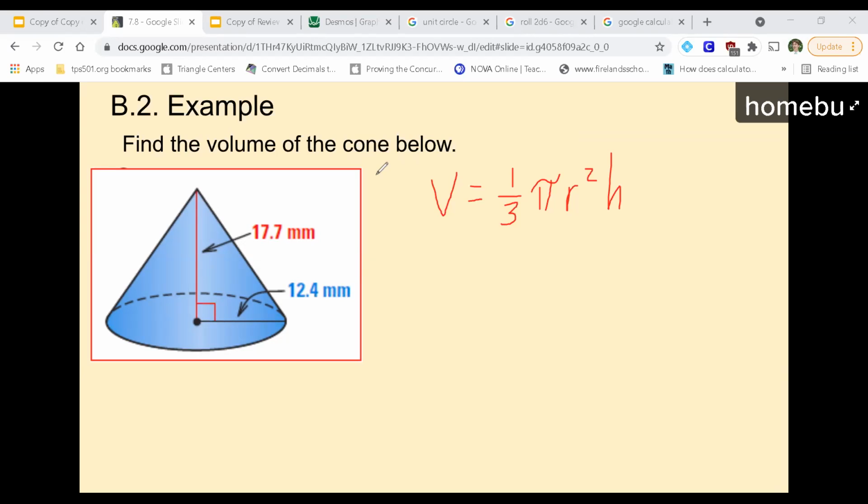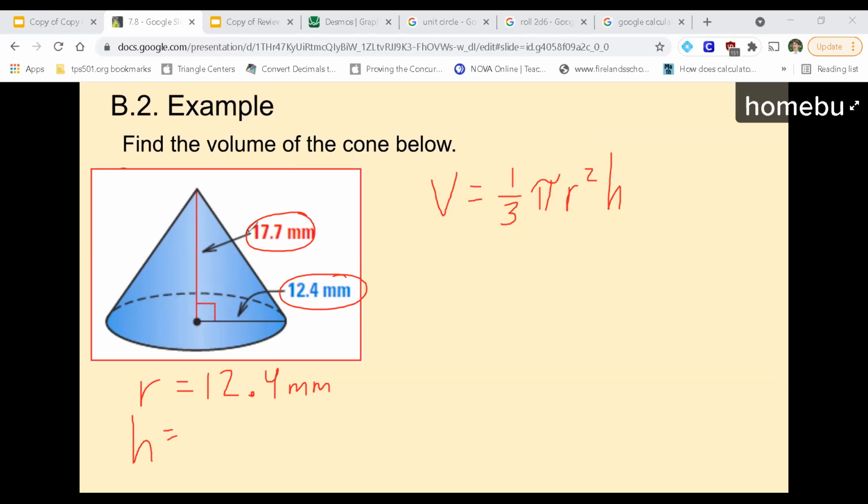All right. Next thing we're going to do is identify our parts. What is the radius of this circle? 12.4. What is the height of the cone? And notice that that's the actual height, right? That's how tall the cone is. That's not the slant height.